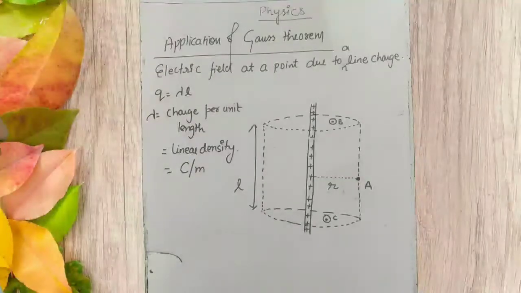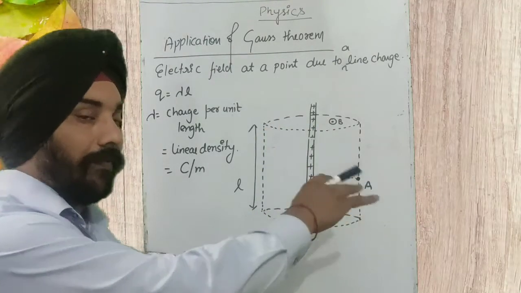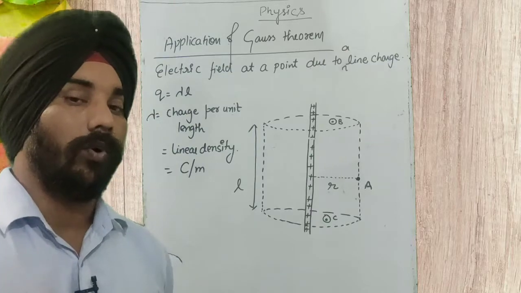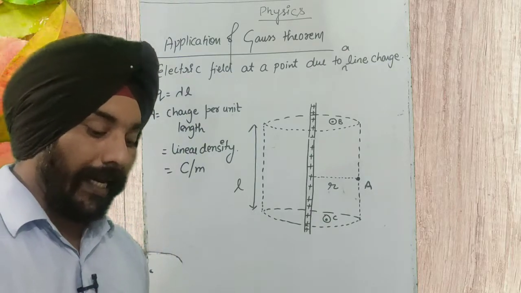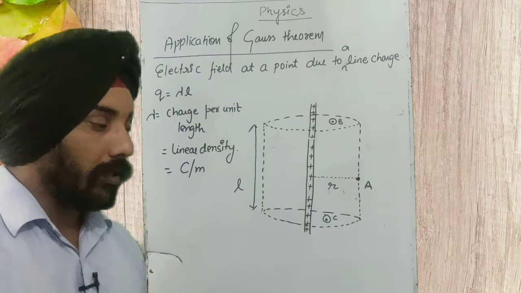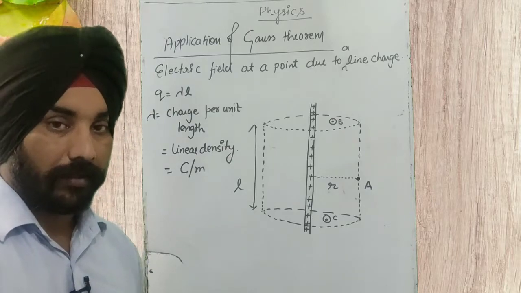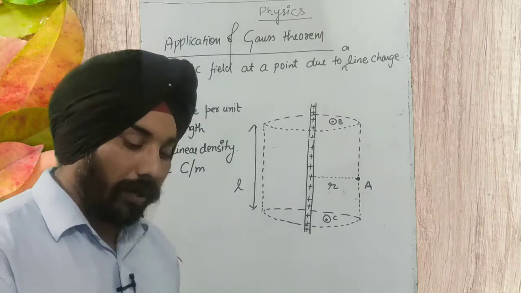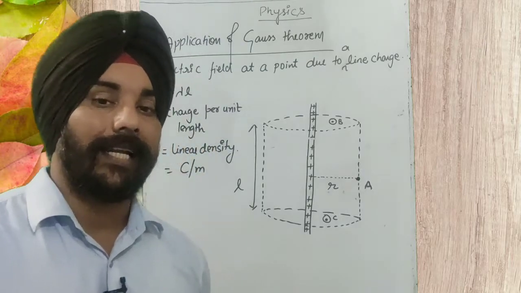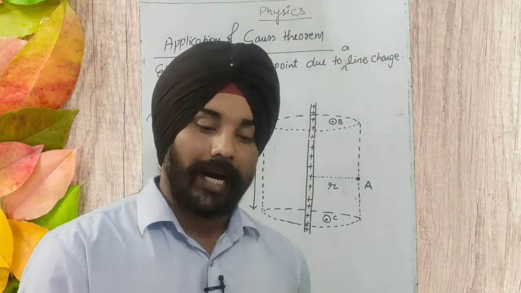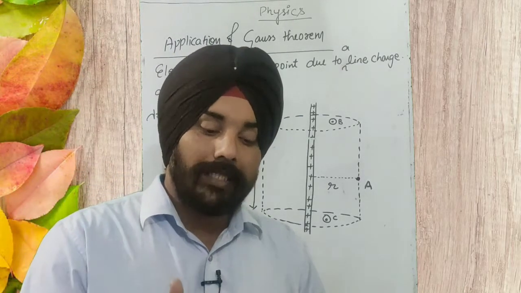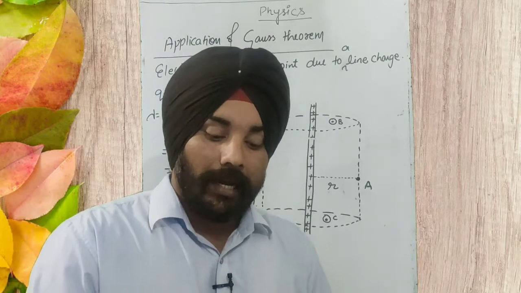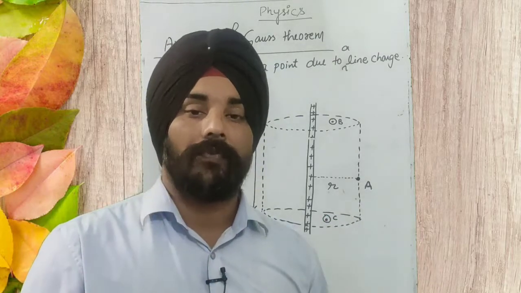So now we have to mention, because we are having this Gaussian surface, we need to take electric flux into account to find out the electric field. Because Gauss theorem is all about the electric flux, whenever the charge is enclosed by a surface, what flux is coming out from that surface.